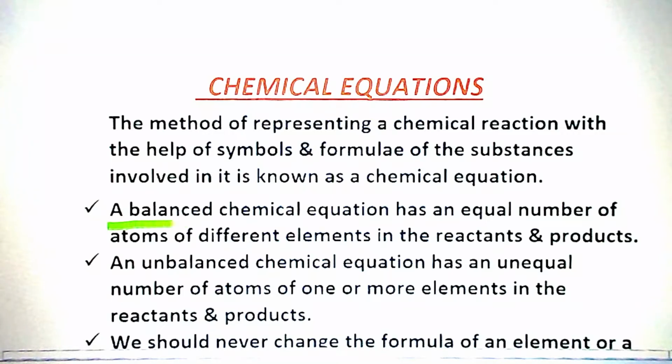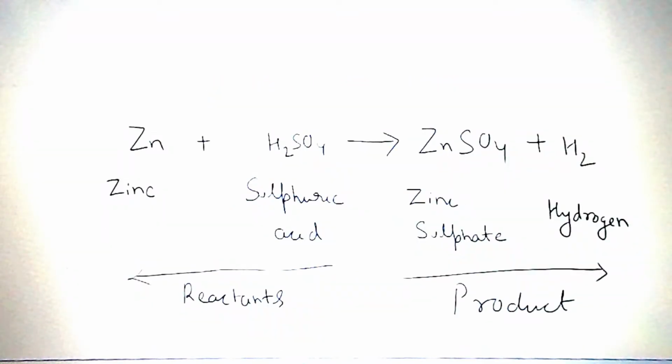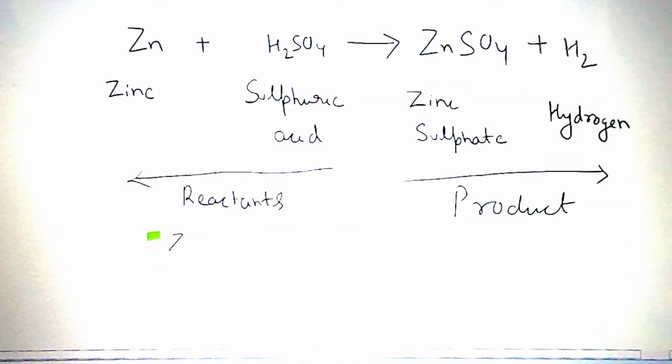There are some key points in the chemical equation. First point is a balanced chemical equation has an equal number of atoms of different elements in the reactants and products. For example, in this reaction Zn plus H2SO4 gives ZnSO4 plus H2. Number of Zn atoms is equal to 1.